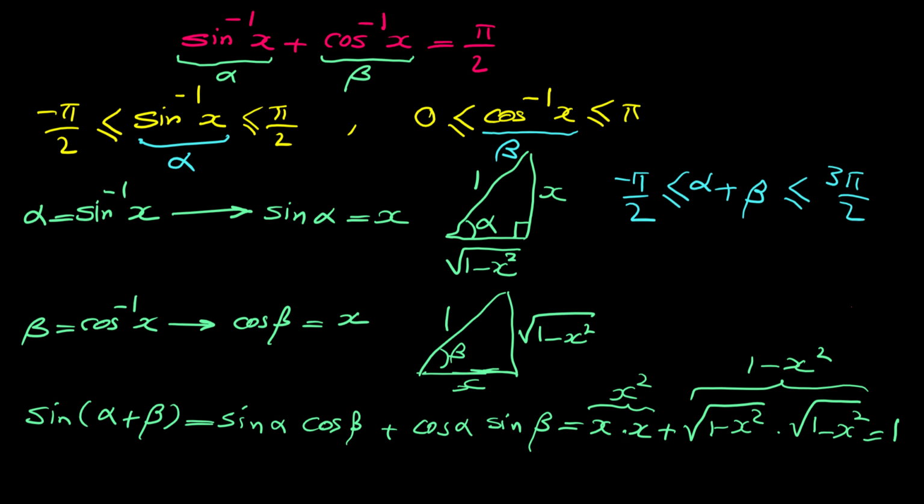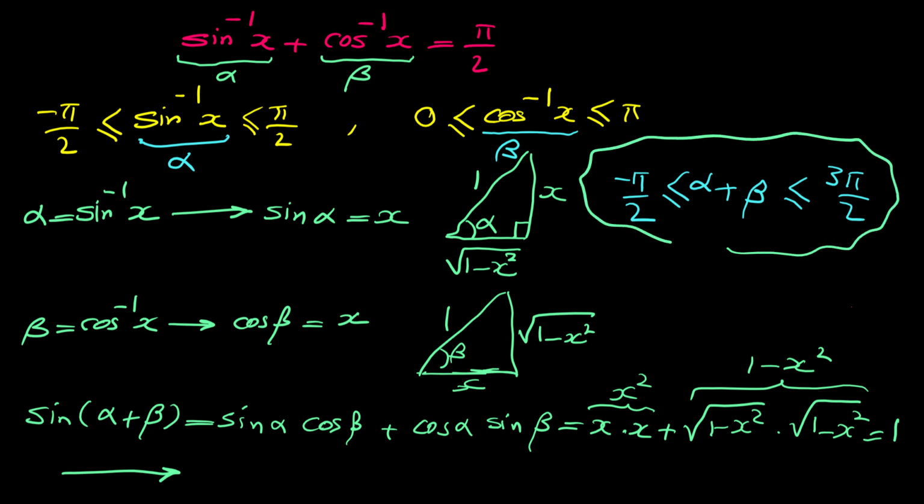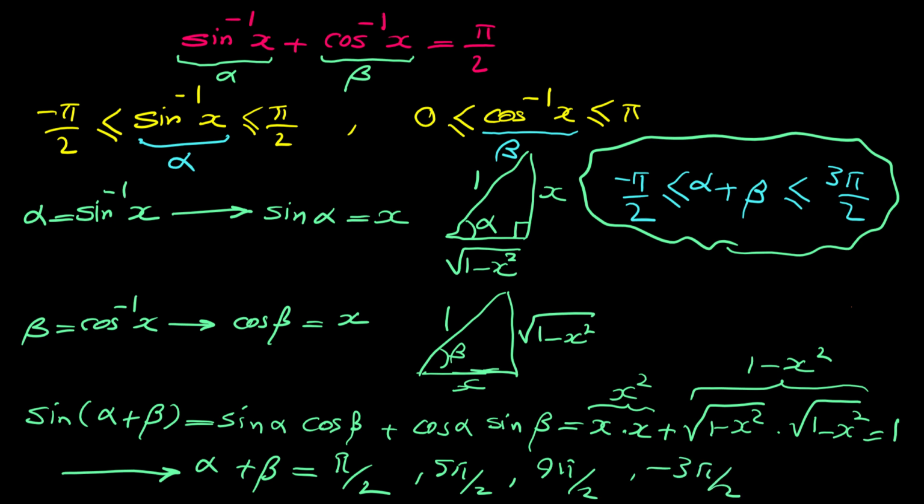So, don't forget, because of this relation, the only answer for the equation is that alpha plus beta is pi over 2. So that's the reason that we do not accept, for example, 5 pi over 2 or 9 pi over 2 or negative 3 pi over 2.